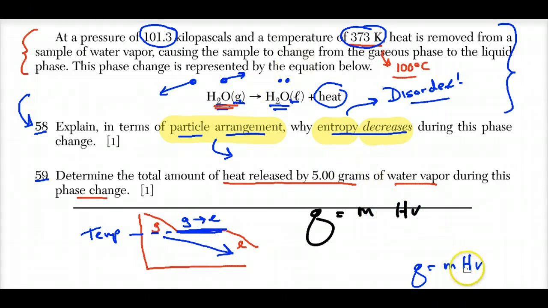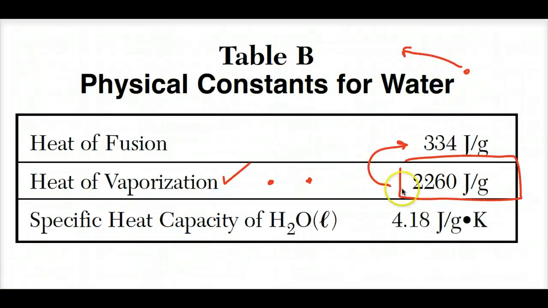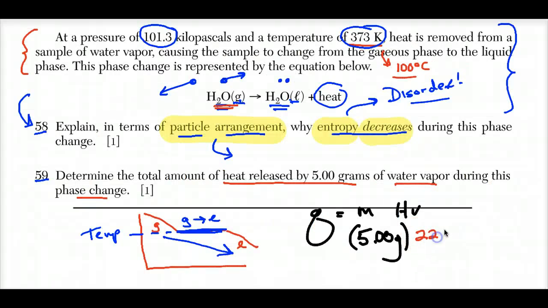It's good practice to write the formula that you need. And we're going to write, okay, the mass is 5 grams, and the heat of vaporization from Table B, 2260 joules per gram.